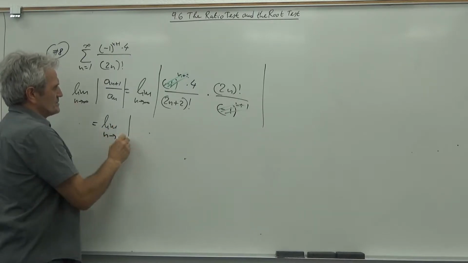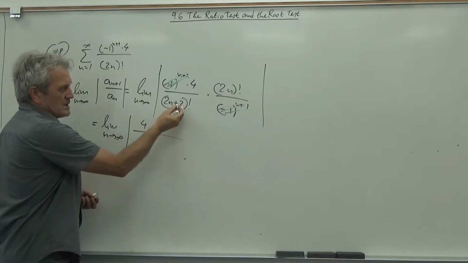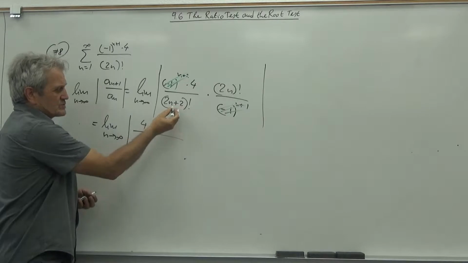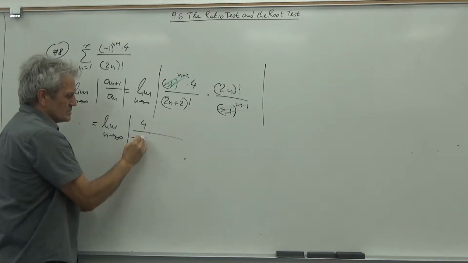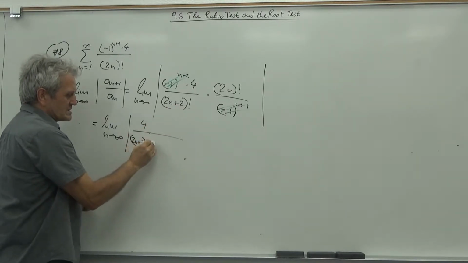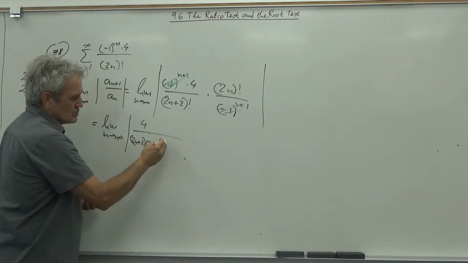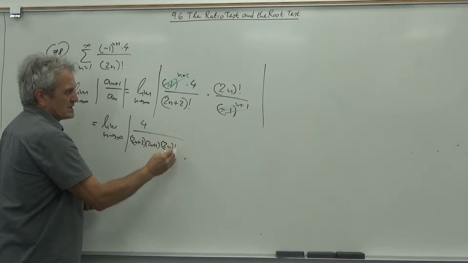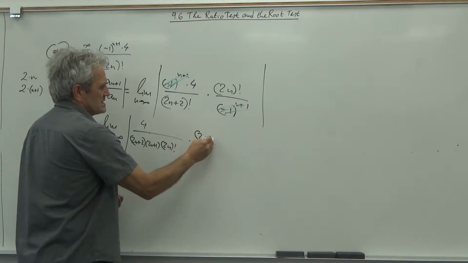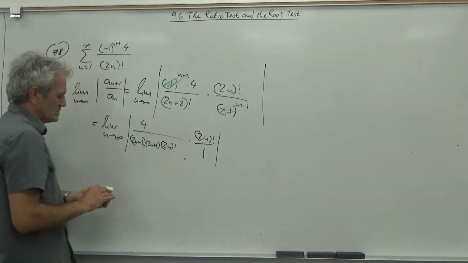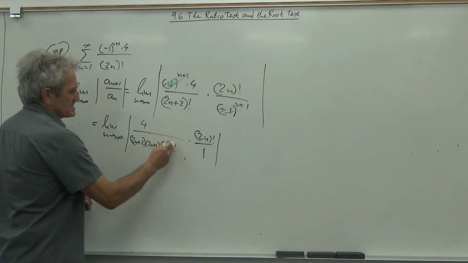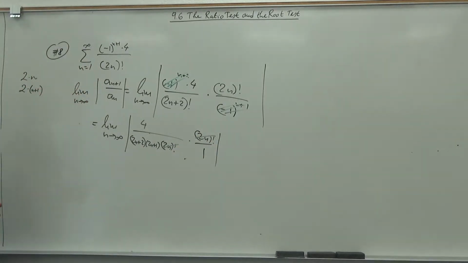Here's what we can do. Keep 4 here. (2n plus 2) factorial starts with 2n plus 2, then you go 2n plus 1, and then those from 2n on are basically (2n) factorial. I'm doing this so that I don't need to open the second one. And then what happens, these two cancel each other out, and here it is.